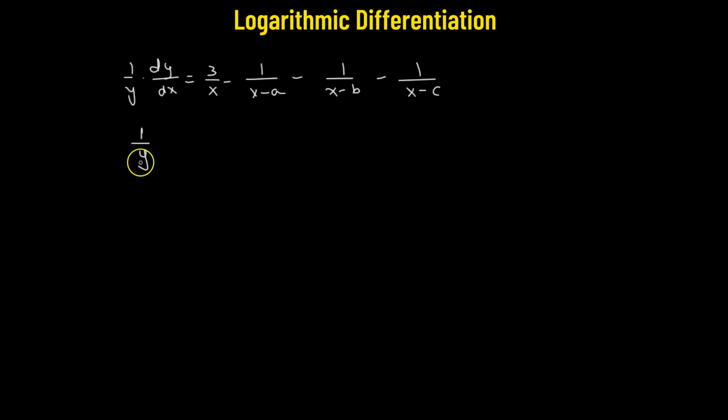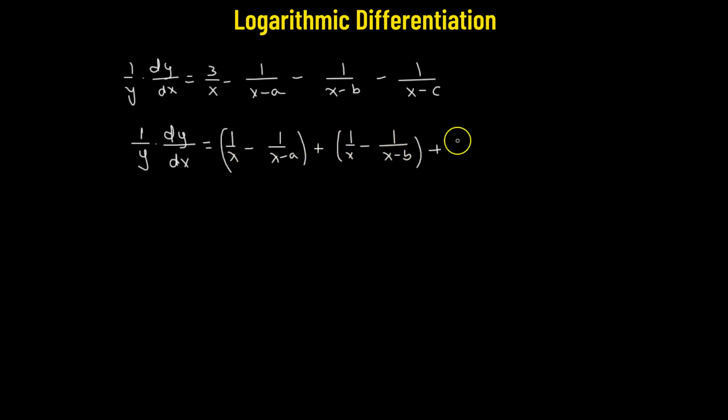We have 1 over y multiplied by the derivative of y with respect to x. So we can split 3 over x into 3 parts, as the sum of 1 over x added to itself 3 times. So that means we have 1 over x minus 1 over x minus a, added to 1 over x minus 1 over x minus b, plus 1 over x minus 1 over x minus c.